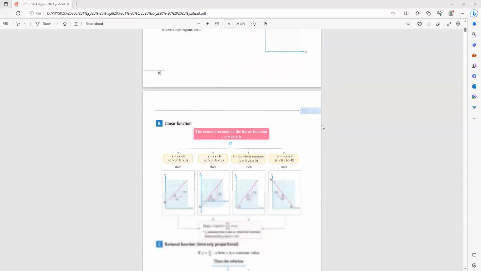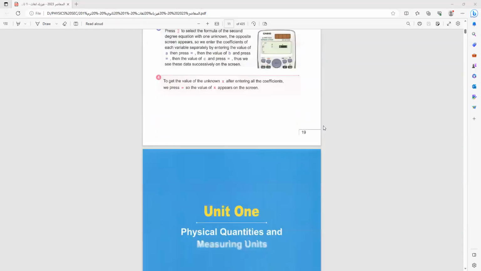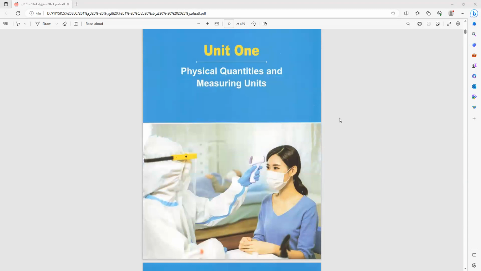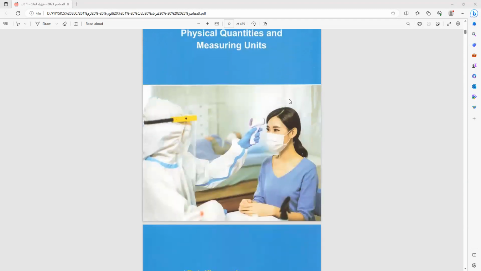Today we'll complete our lesson 1 physics, inshallah. Last session we talked about physical quantities. What do you need if you want to measure the length of your pencil or your pen? What is the tool used to measure the length of your pencil? Excellent, ruler.